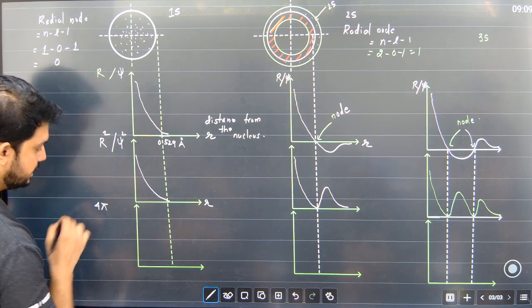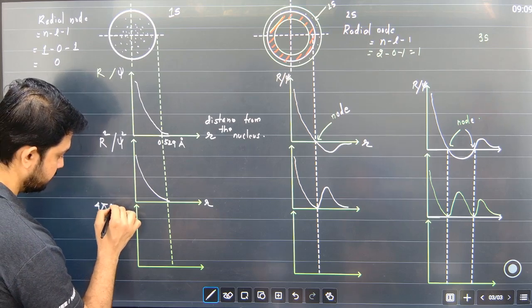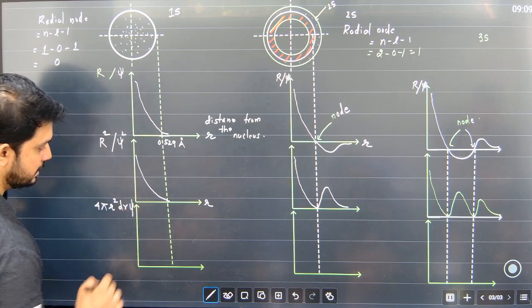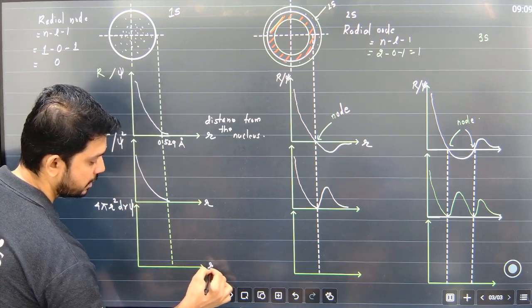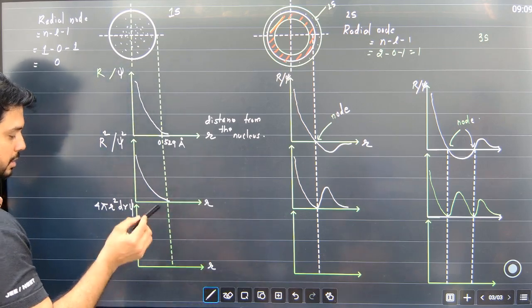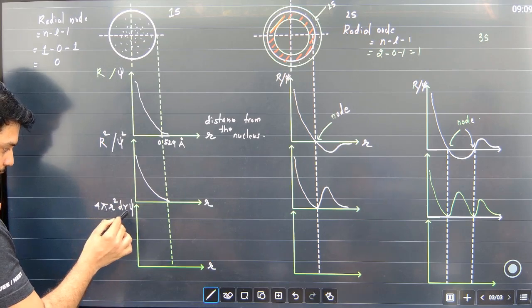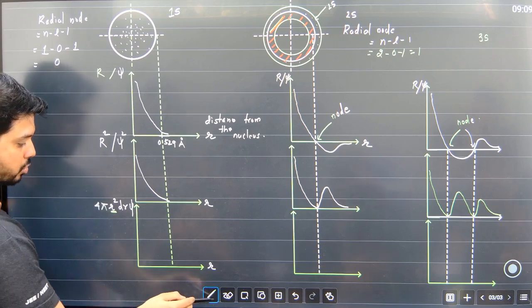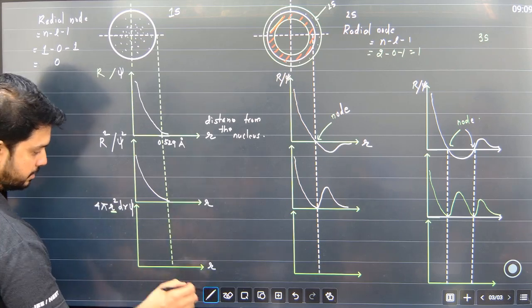Probability density function, 4 pi r square dr psi and r. If we plot this, what is the difference? Here, along with the function, we are multiplying it with r square of the radius. So let's observe the difference.